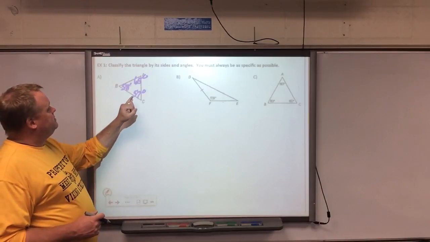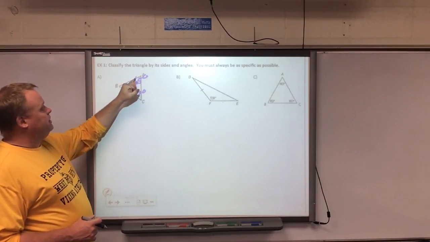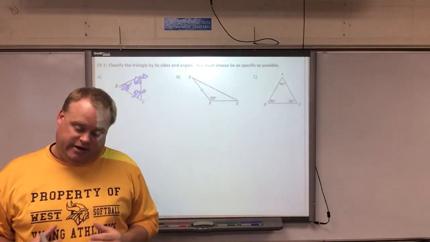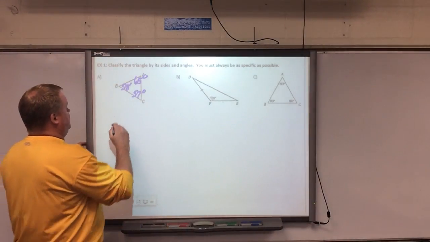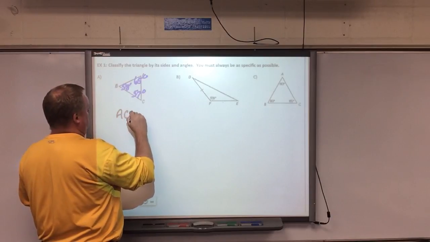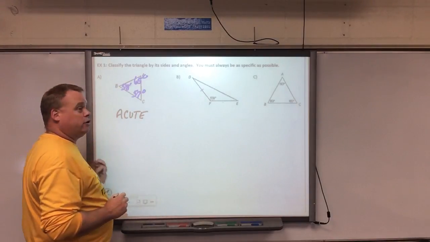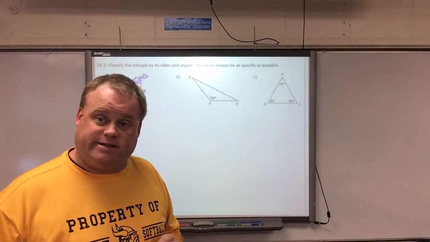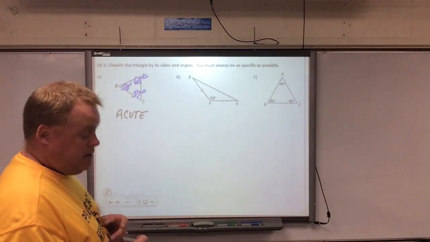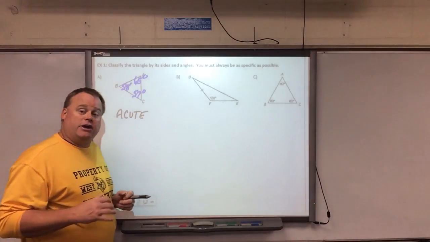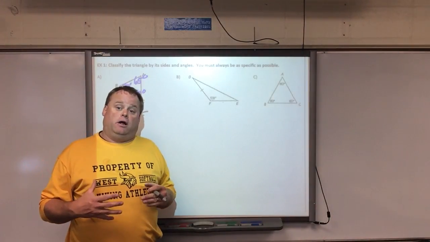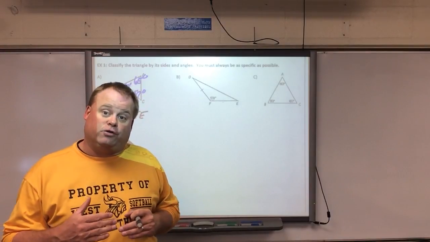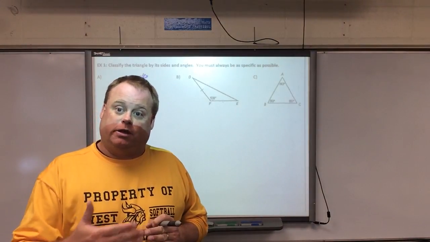Well, I noticed that in looking at this, all three of these are less than 90 degrees. So I know that it is an acute triangle. It is acute because all three angles are less than 90 degrees. And the other thing you're going to find out later on is that the sides or the legs of triangles go in relation to the angle.